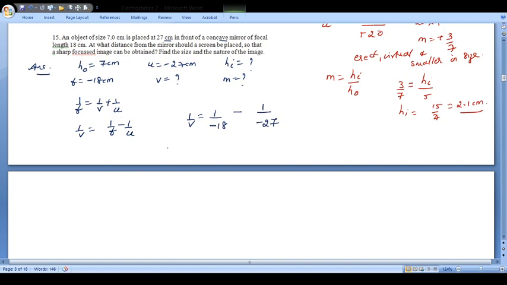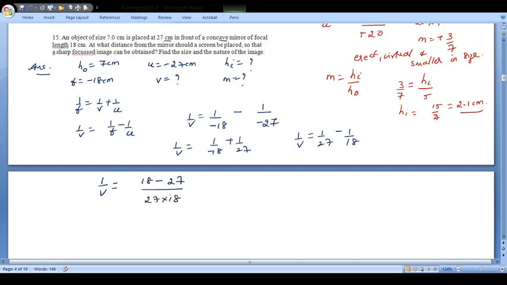So you will have 1 upon v is equal to 1 upon minus 18 plus 1 upon 27, or you can write it as 1 upon v is 1 upon 27 minus 1 upon 18. So now let's try to solve this. 1 upon v can be written as 18 minus 27 upon 27 into 18.